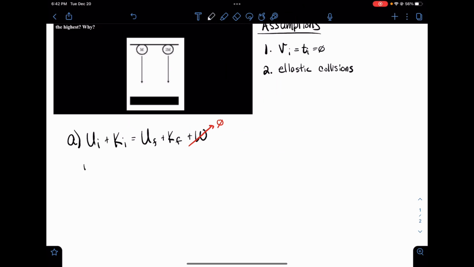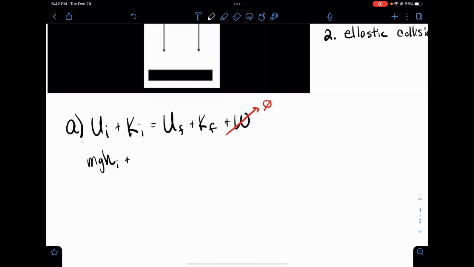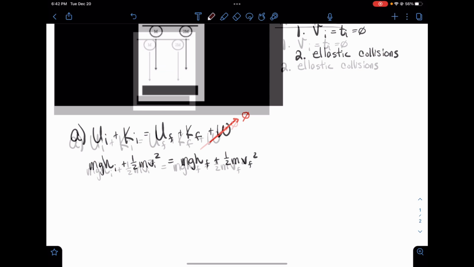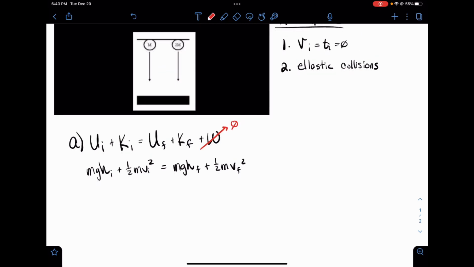So we have mgh initial plus 1/2 mv initial squared equals mgh final plus 1/2 mv final squared. So we know that this second component goes to 0 because the initial velocity of either ball is going to be 0.